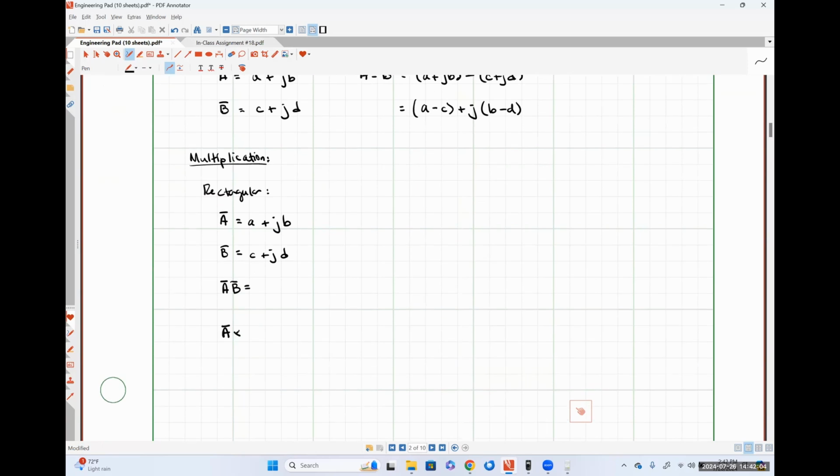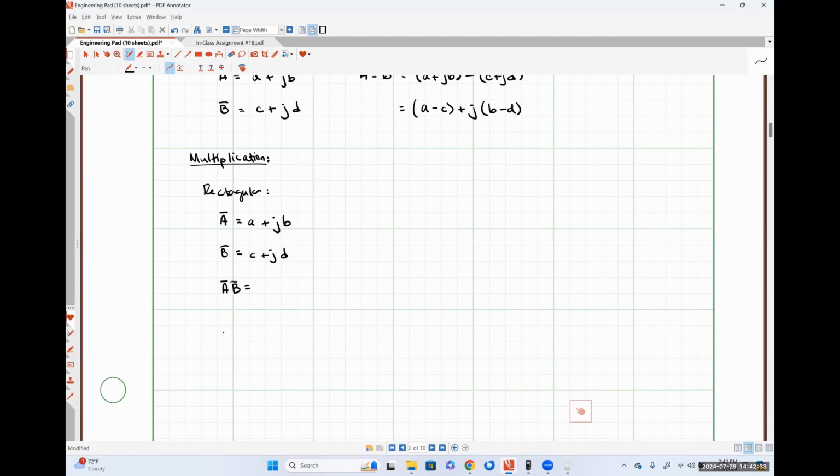is A times B with a cross, because that looks too much like a cross product operation, which does not exist for complex numbers. You will also never see me do A dot B, because that looks too much like a dot product operation, which does not exist for complex numbers.